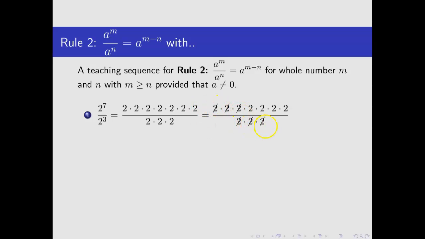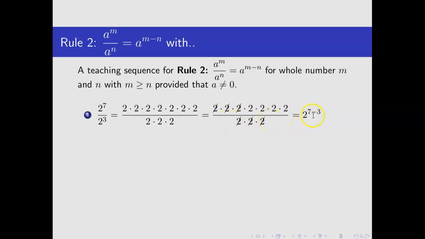So notice we've done that here. And now that leaves us only with 2 times 2 times 2 times 2 in the numerator, but that's 2 to the 7 minus 3, because we started out with 7 in the numerator, and then we canceled them with the 3 2's that were also in the denominator.